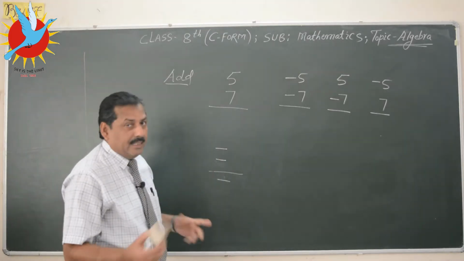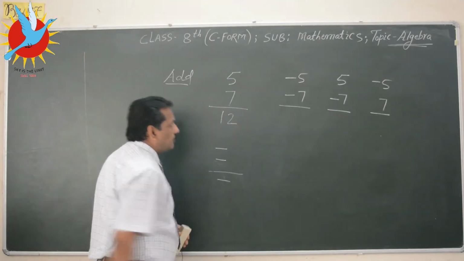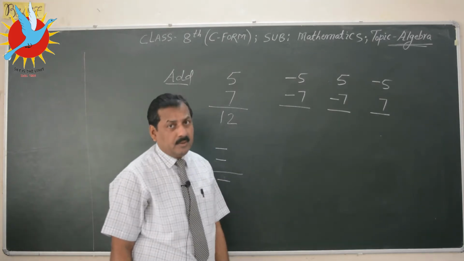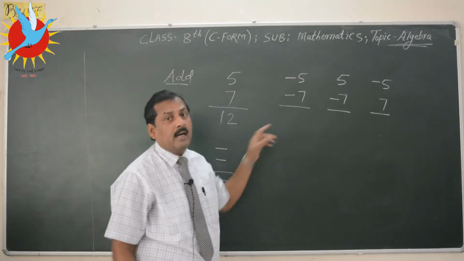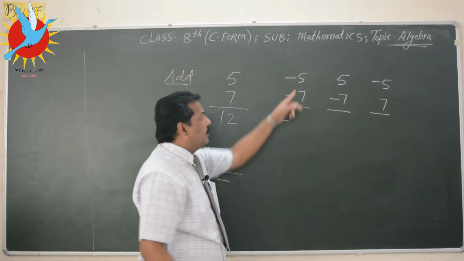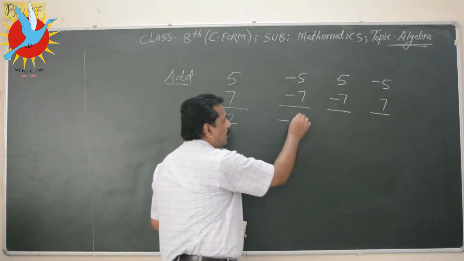So going by this rule, 5 and 7 added is 12. Minus 5 and minus 7 are to be added, so obviously both are negative, so the sign will be negative, and then 5 and 7 will be added, that is 12.